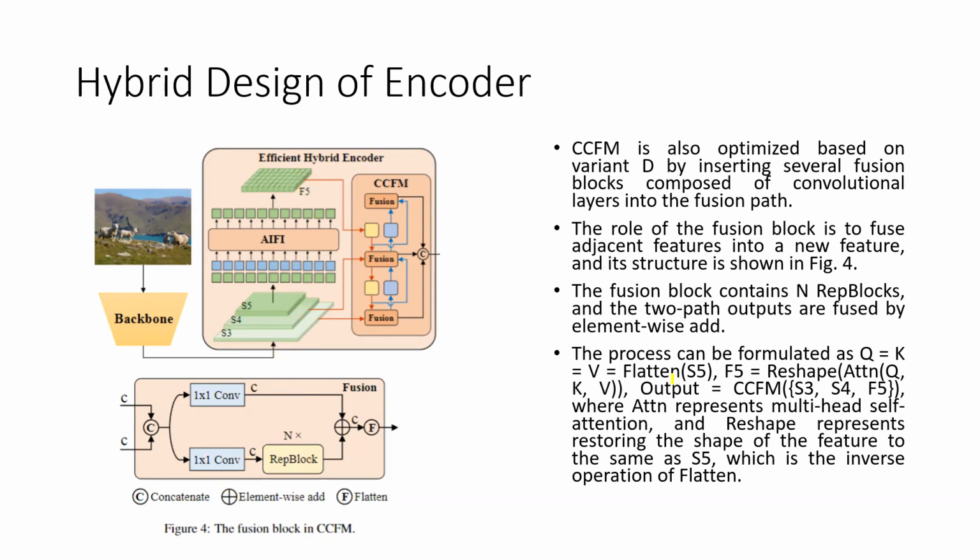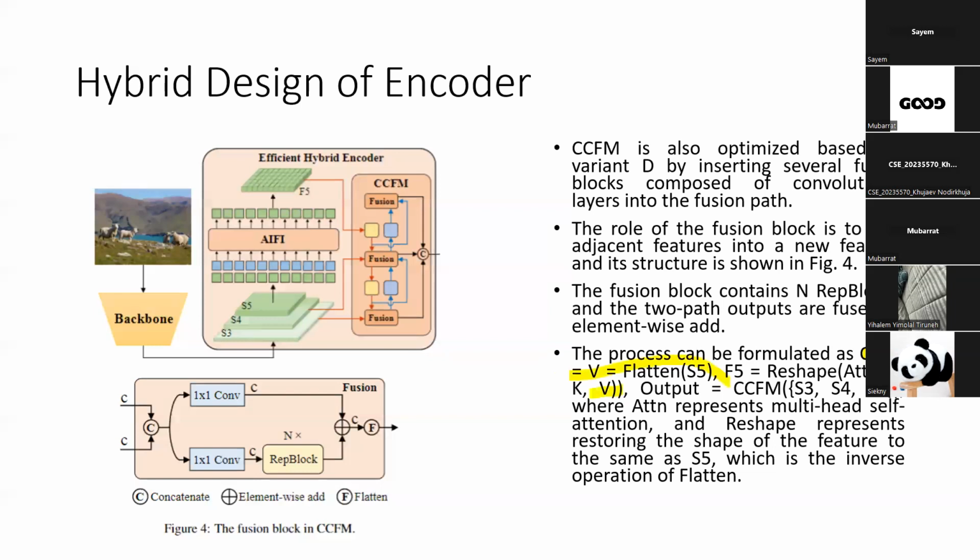The process can be formulated with this equation: query, key and value equal flatten S5, and F5 equals Attn(Q, K, V) of flatten S5. What it basically means is we get F5 from AIFI, which is the self-attention layer, and we send F5 to CCFM and fuse all the features.